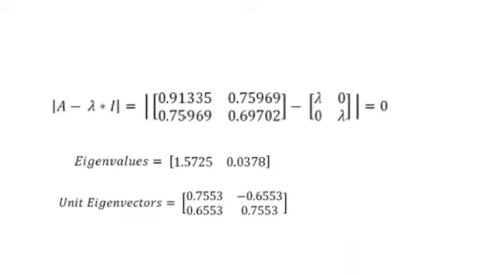Now I will substitute these values into this, and then I will come up with the eigenvalues. If you solve this particular equation, you may get an equation like this.